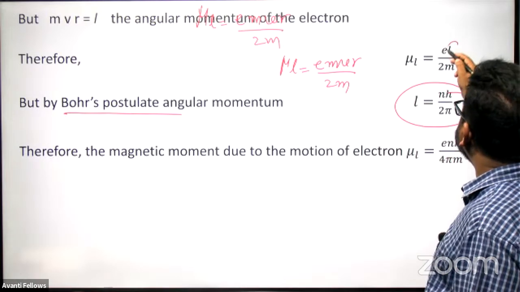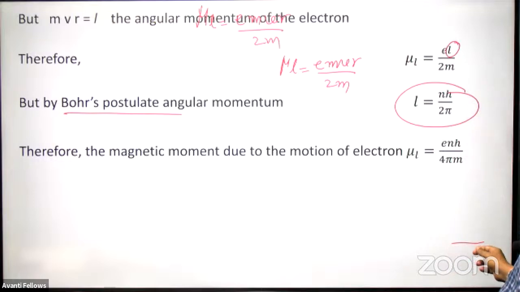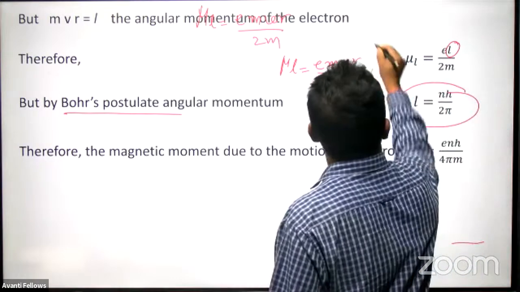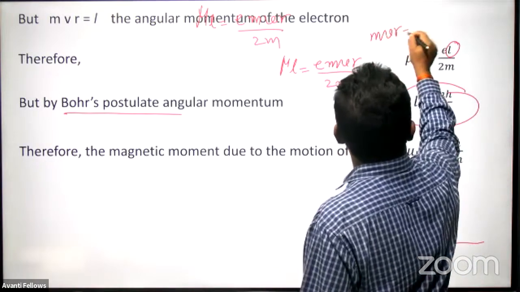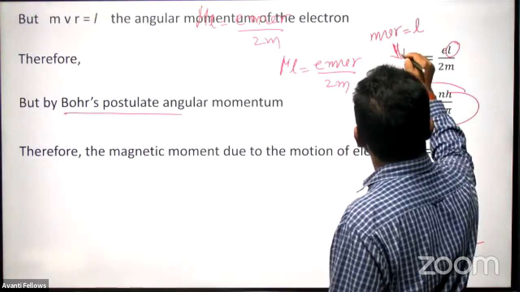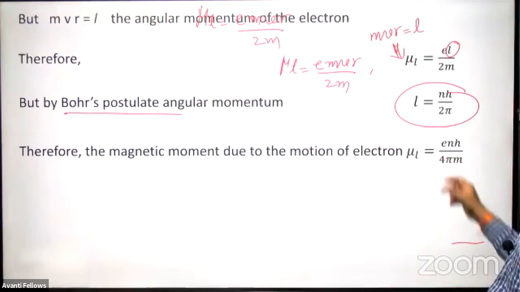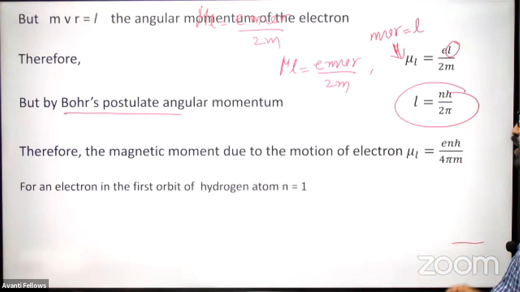Instead of L, we put n h by 2 pi, and we get e into n h by 4 pi m.